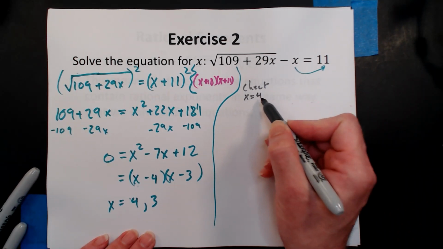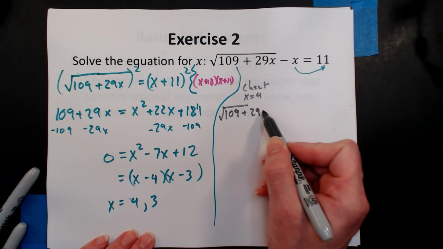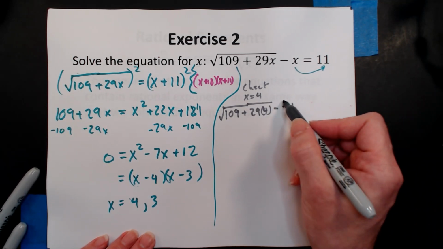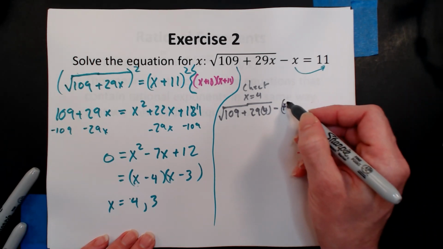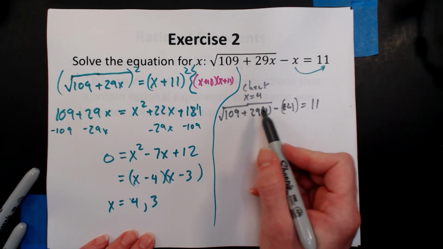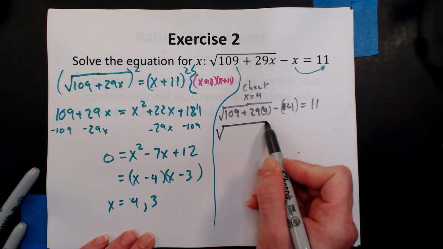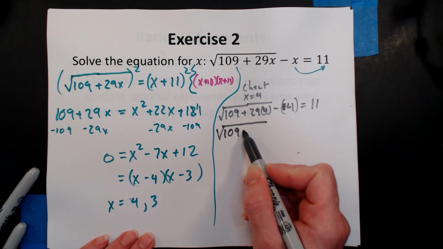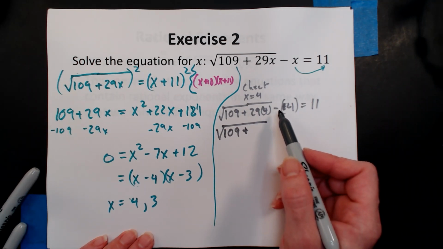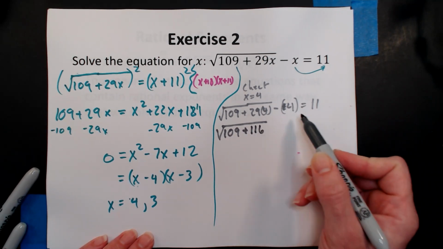So I'm going to check x equals 4. I get the square root of 109 plus 29 times 4, minus 4, equals 11. Now 4 times 29: 4 times 30 would be 120, so one short of that would be 116.